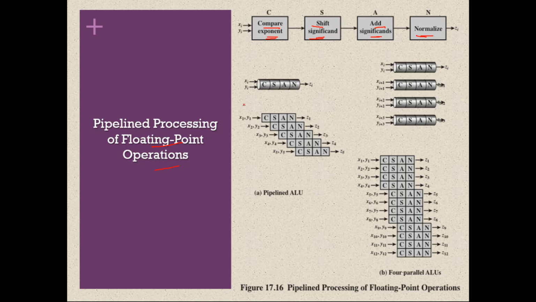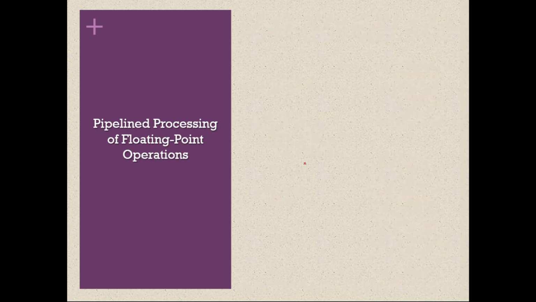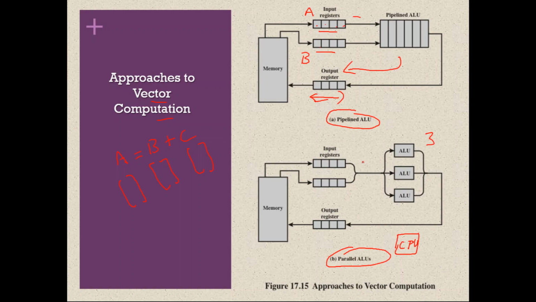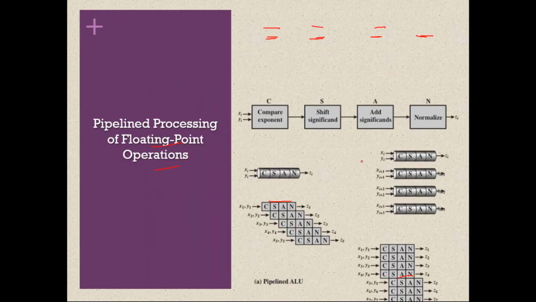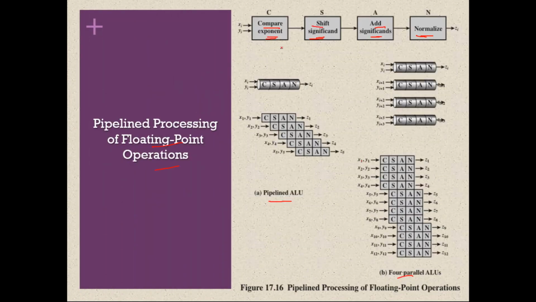Now let us see how it will be done through one pipelined ALU and through one parallel ALU. That is what we discussed in the previous slide. Let us assume there is only one ALU initially with respect to the pipelined ALU, but this ALU contains 4 functional units, where each can perform one task.